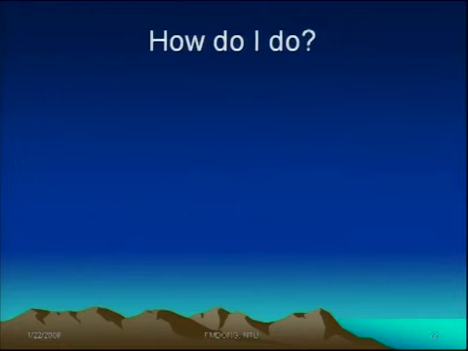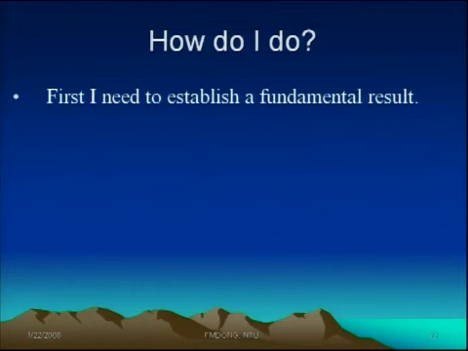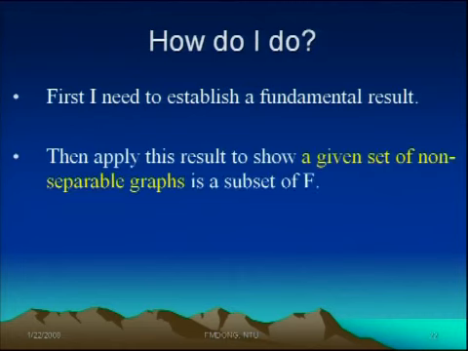Now I'm going to show you how I try to find a family. I first had to establish a fundamental result. That's the first step. And the second step is to apply this fundamental result to prove that a family of graphs, a whole family, is a subset of F. I don't want to focus on one graph.